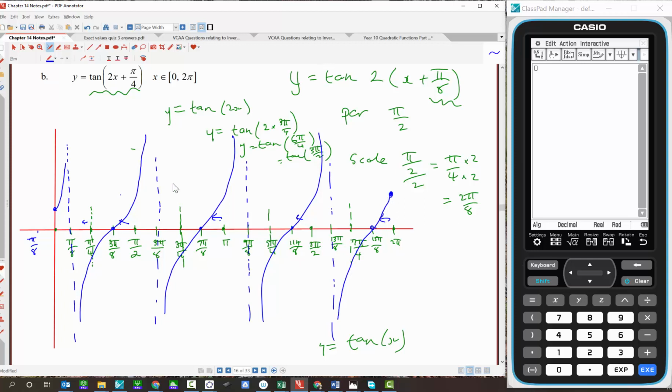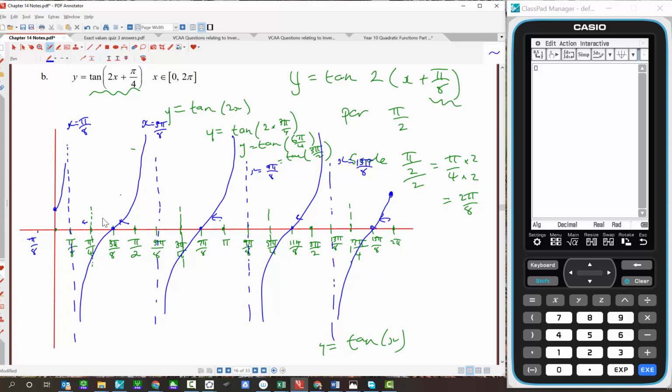All right, so let's start labeling what we do know. So these are the asymptotes: x is equal to pi on 8, x is equal to, what's that, 4 pi on 8, 5 pi on 8, x is equal to 9 pi on 8, x is equal to 13 pi on 8.